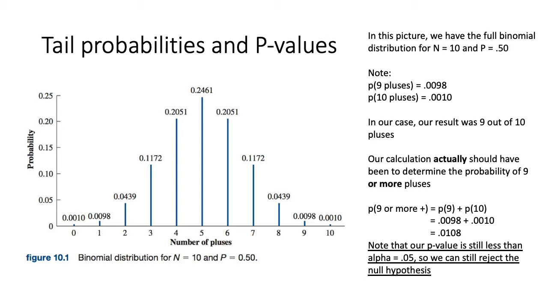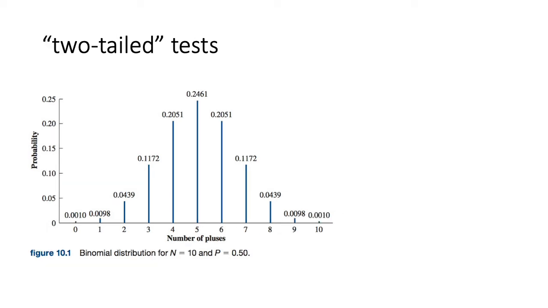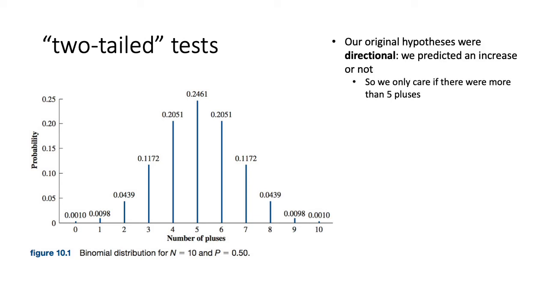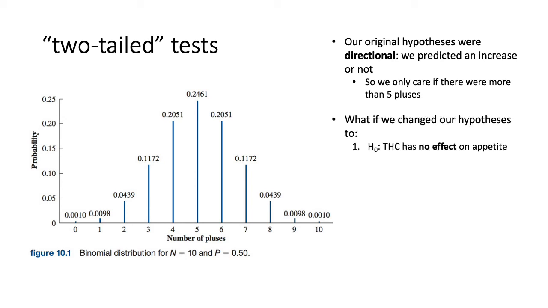This sometimes is what we will do, but it's much more likely that we'll conduct what's called a two-tailed test. So our original hypothesis was directional, so we really only cared about increases. But what if we changed our hypothesis to a much more simple statement, which is that THC or marijuana simply has no effect on appetite, and the alternative is that THC does change it in some way, we're not sure.